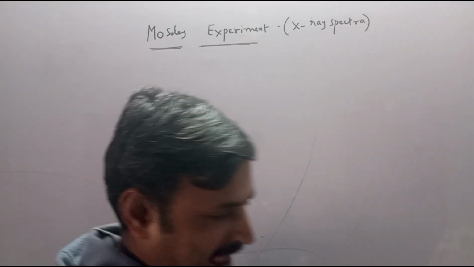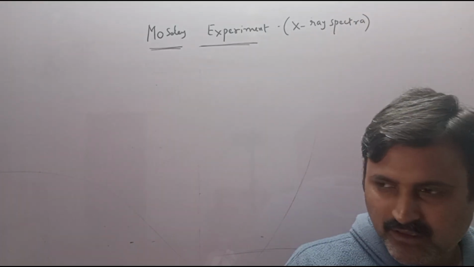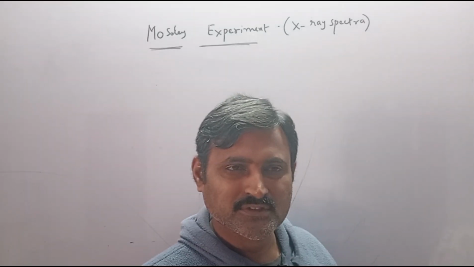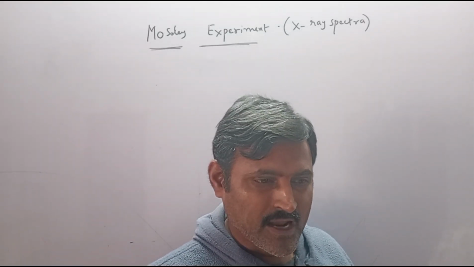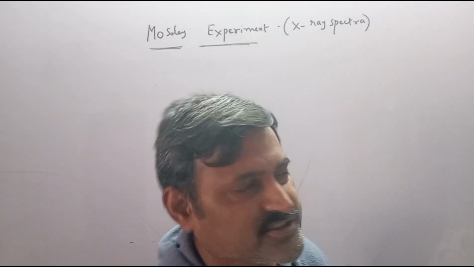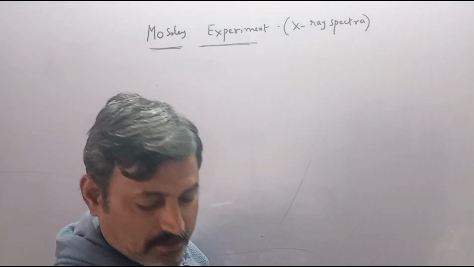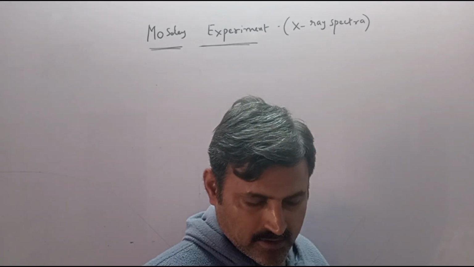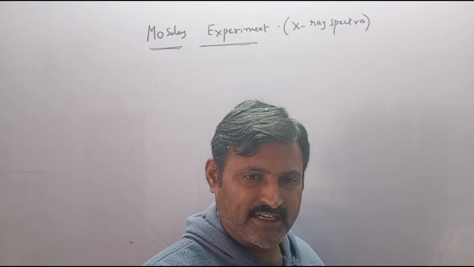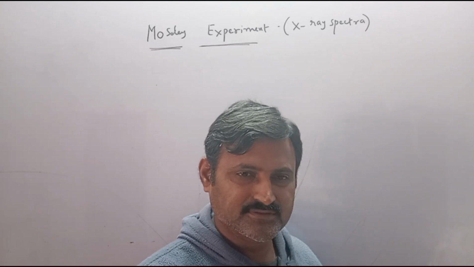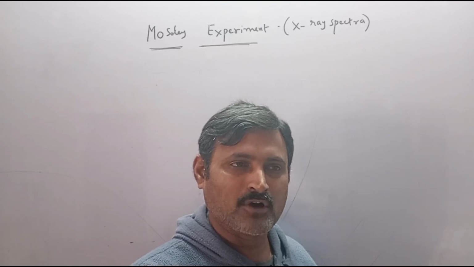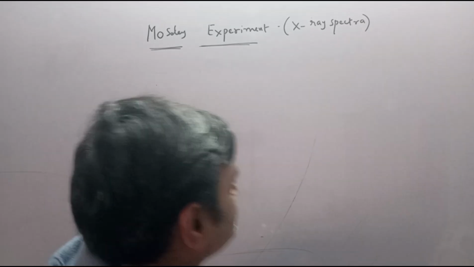He used X-rays with anti-cathodes, which are nothing but different elements, and these anti-cathodes are bombarded with cathode rays, and X-rays are produced with different frequencies corresponding to the different types of elements used in the experiment.